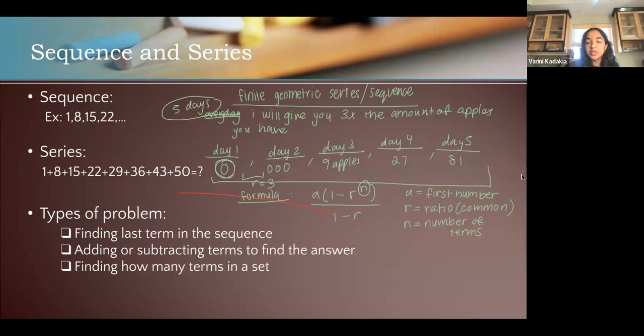Does everyone understand the components of the formula? Roger says he doesn't understand the formula. Roger, do you wanna specify what part you don't understand?